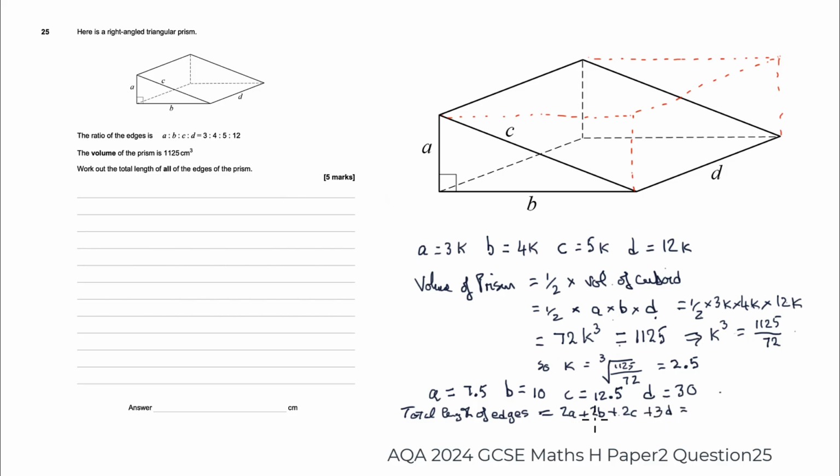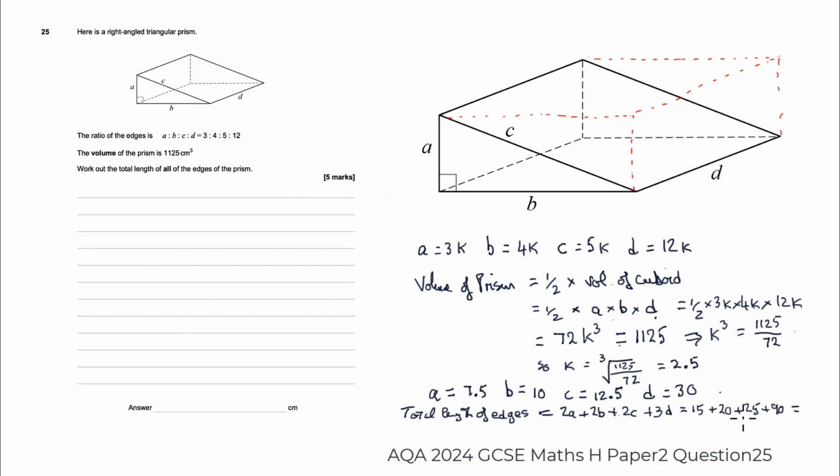So that's the calculation we have to make. Twice A, that's 15. Twice B, that's 20. Twice C, that's 25. And 3 times D, that's 90.